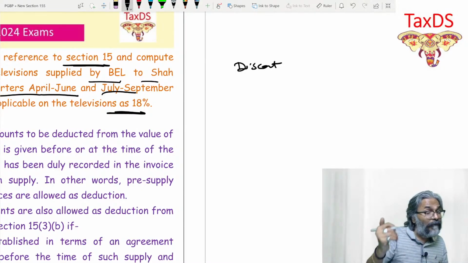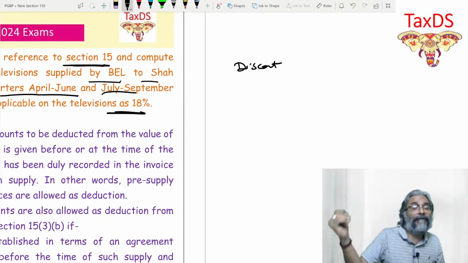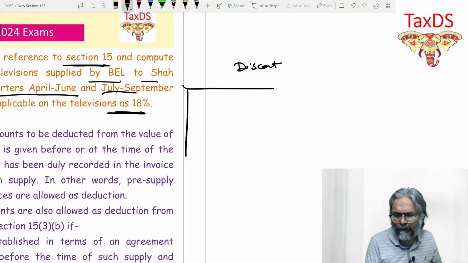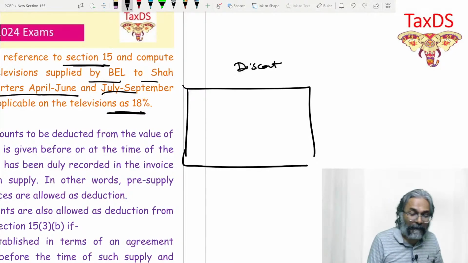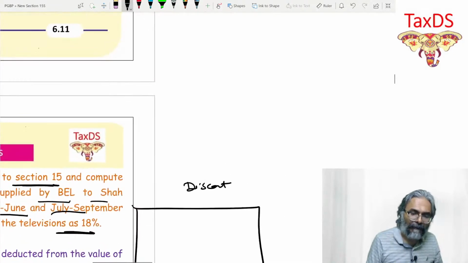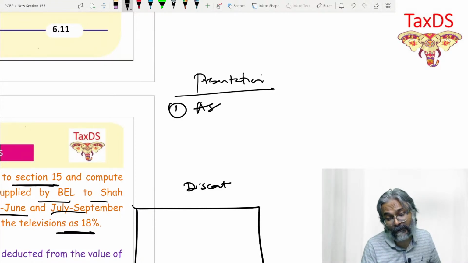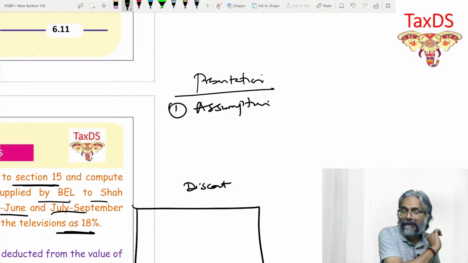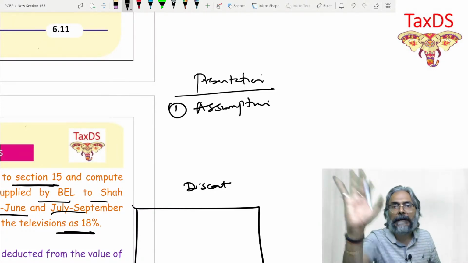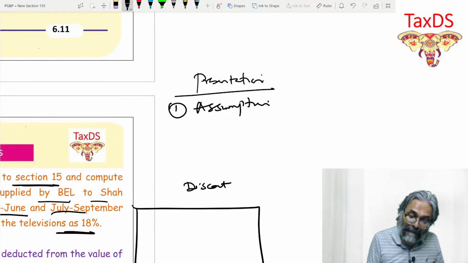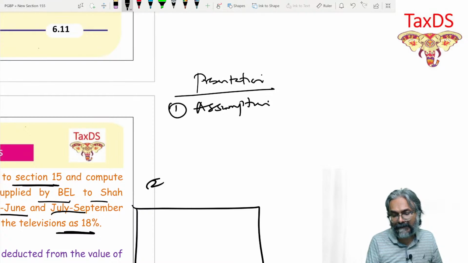I told you, students, you will find it difficult if you have to write in paragraph form. So when you write about the notes, straight away make the table statement. Be careful when you do the presentation. Your presentation has to be of three forms. First is the assumptions. Always put up the assumptions clearly: on what basis are you executing the solution? The second is the main answer, the statement.